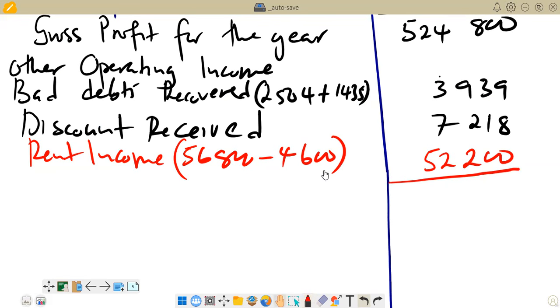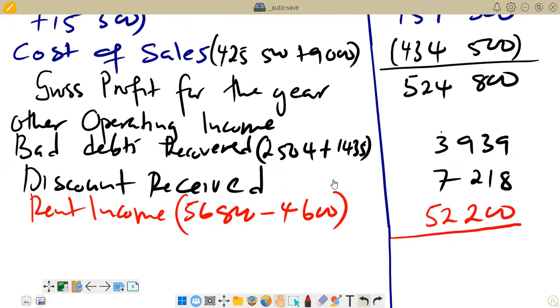You can find the total. Here we add, right? So we add this one plus this one plus this one. There the total for other operating income, we are supposed to get 63,357.